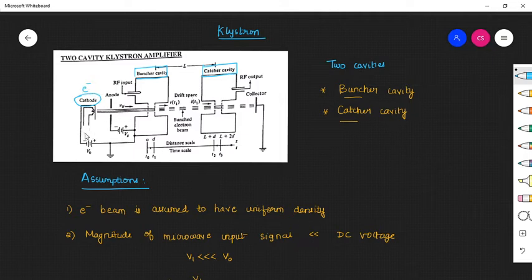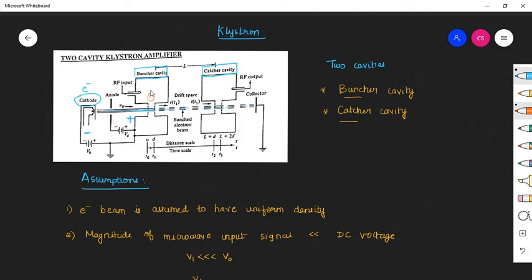The cathode is at a negative potential, and the buncher cavity is at a positive potential with respect to the cathode. Because of the opposite polarities, the electrons are attracted towards the buncher cavity and start moving towards this space. The electrons first reach the buncher cavity space.